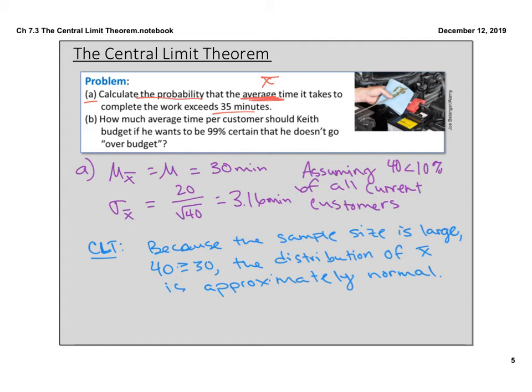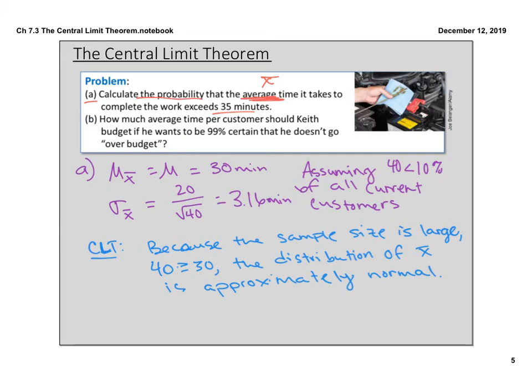There's probably way more customers who take around that 30-minute mark, but then I bet there's still a handful of cars where it's like, oh, this one was a struggle, or I had more problems with it, or it was harder for me to get this XYZ. So there's probably a handful of cars that are just going to take them a long time for whatever reason. The make of the car, the model of the car, the type of the mechanic, whatever. It makes sense to me that it's a right skewed distribution.